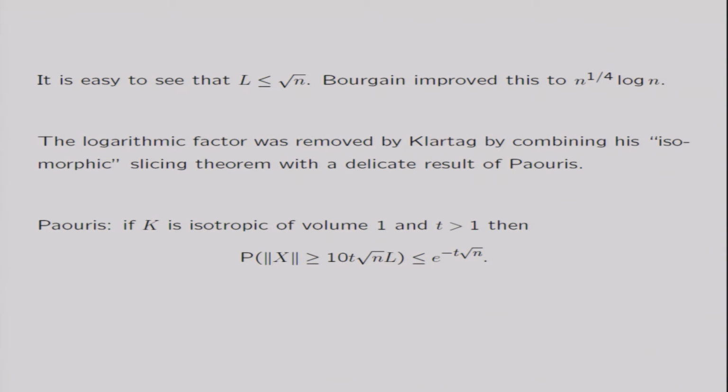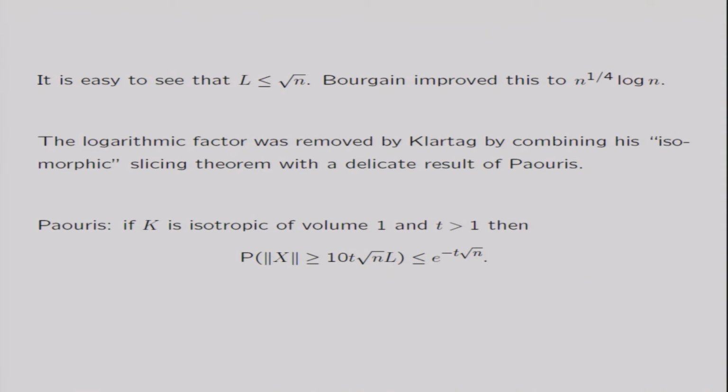And what does Paouris' estimate say? It is a bit like the KLS. So remember, the typical radius is root n times L. And KLS says that almost all the mass is close to root n times L, because half is inside and half is outside. So most of it is going to be rather close to that dividing radius.